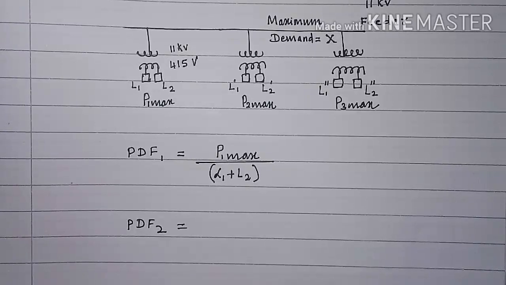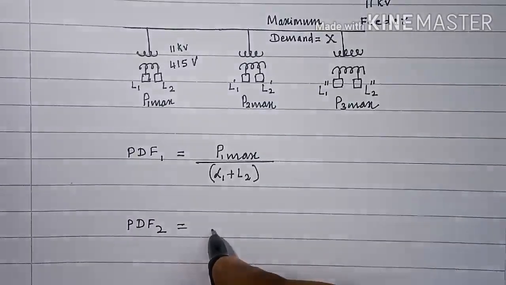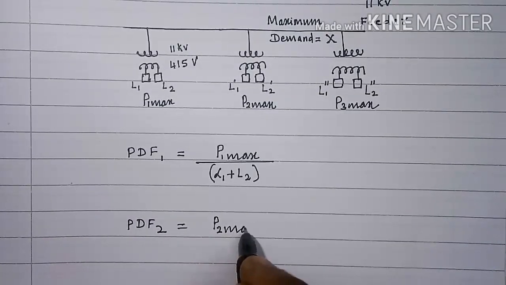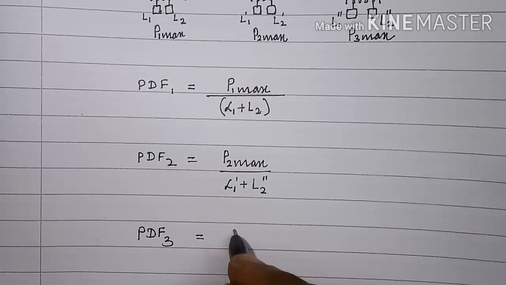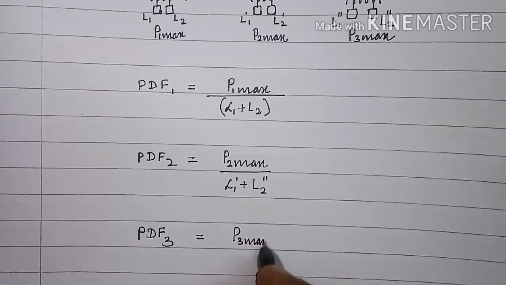PDF2, that means peak diversity factor for group 2, is equal to P2 max divided by L1 dash plus L2 dash, and PDF3 is P3 max divided by L1 double dash plus L2 double dash.